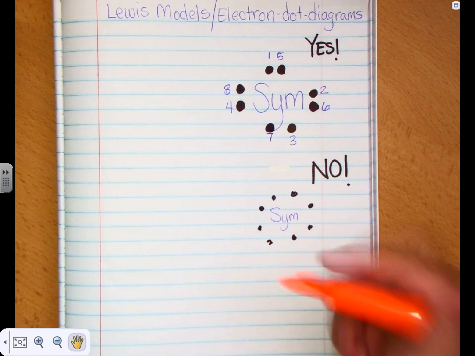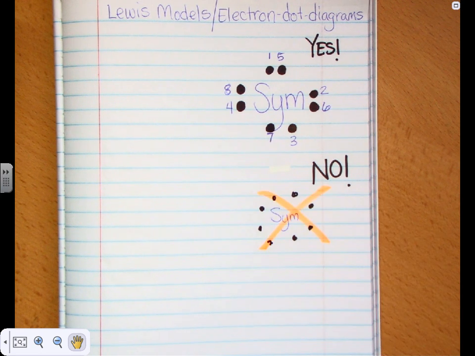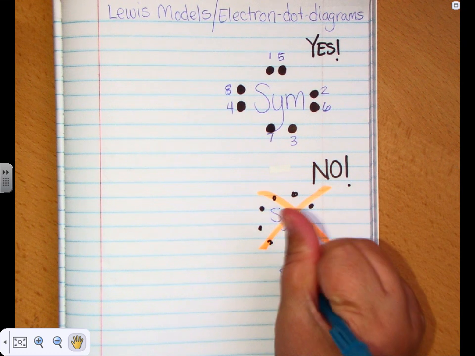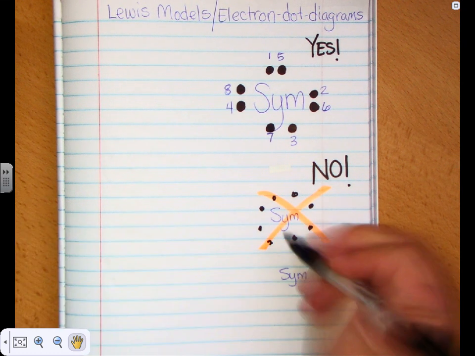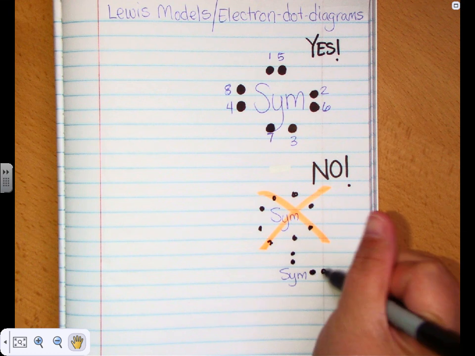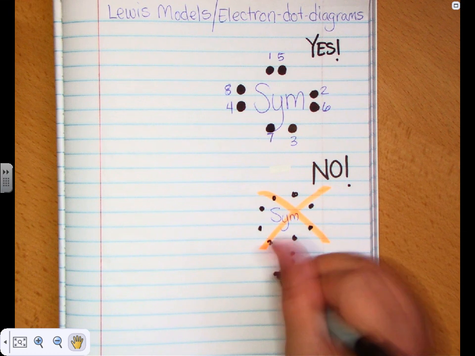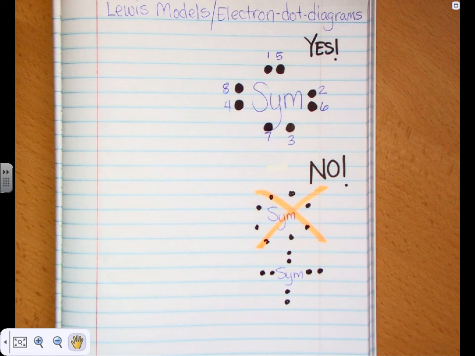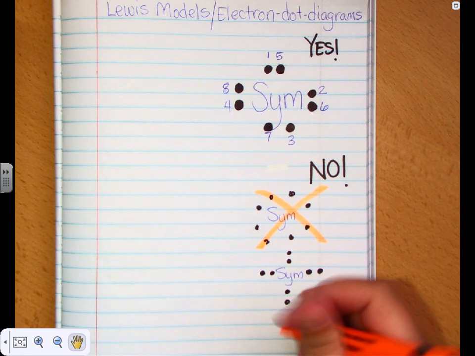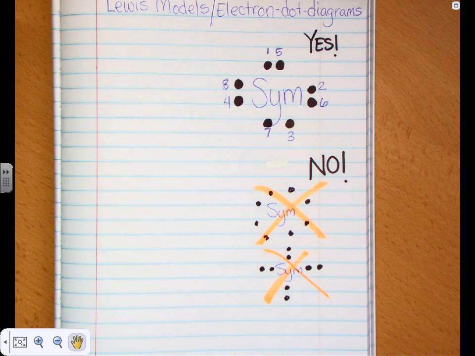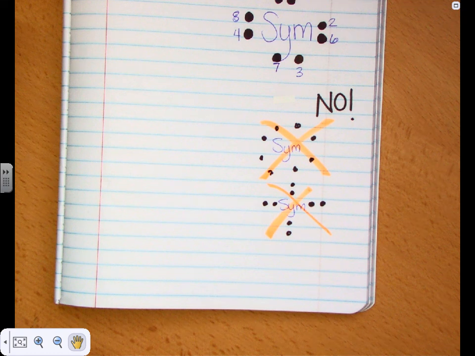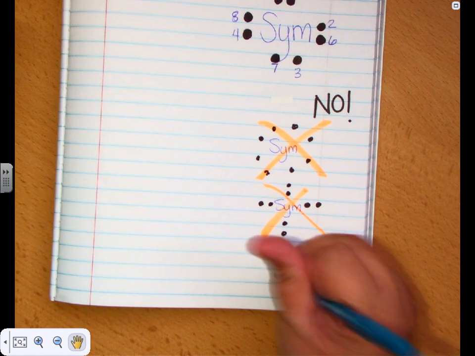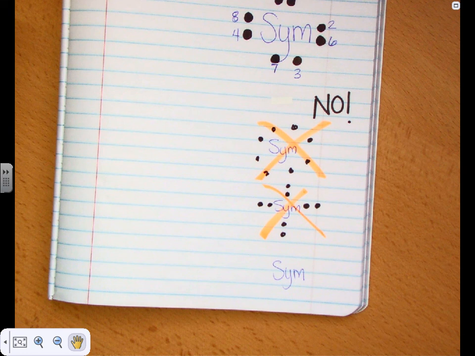Do not do this. If you did one, and let's say there were only 2 valence electrons, don't do this.